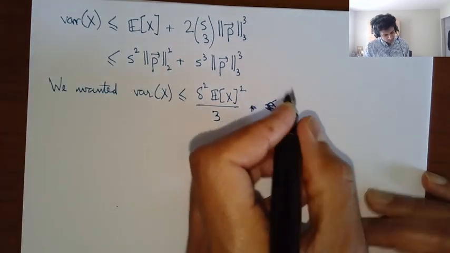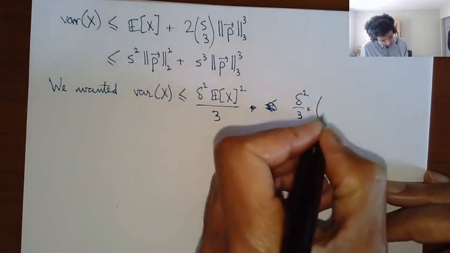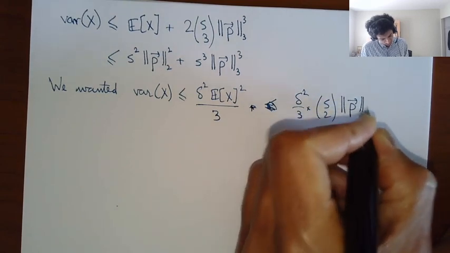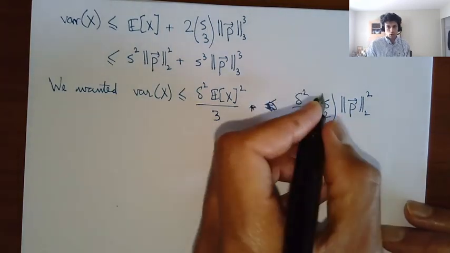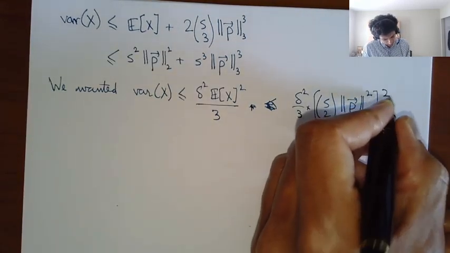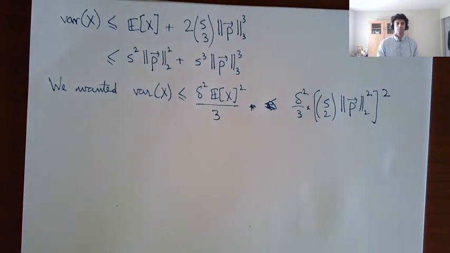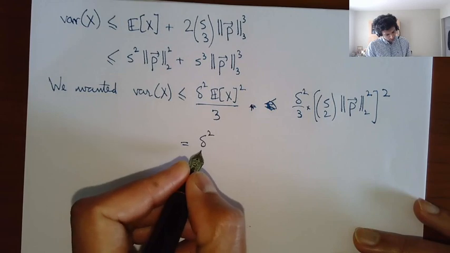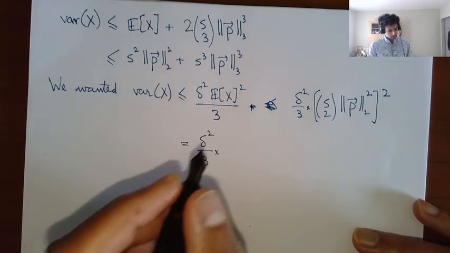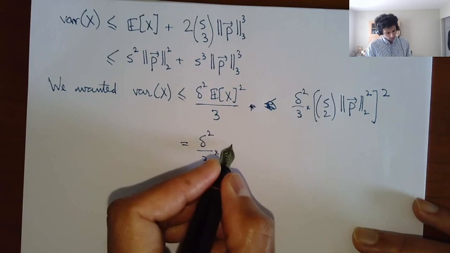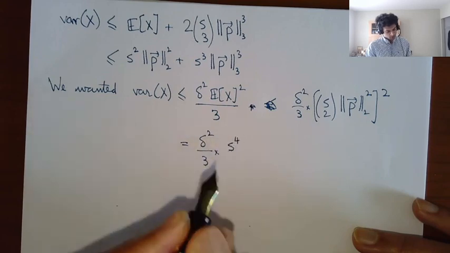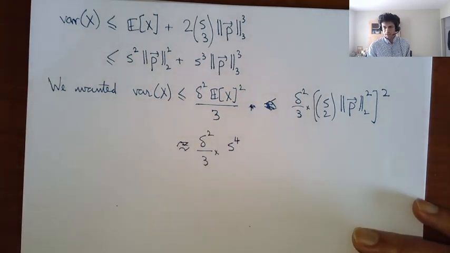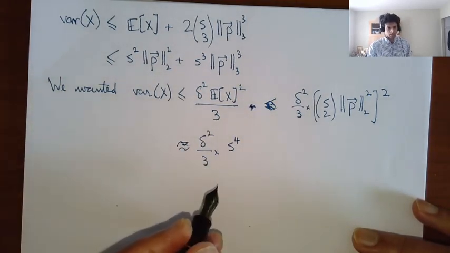So this was delta square by 3 S choose 2 times the 2 norm squared, and the whole thing was squared. Essentially, this is something like S to the 4th power. I'm just going to put an approximation here because I don't want to deal with the exact coefficients, but then we'll see what the choice of S will be and how things will follow.